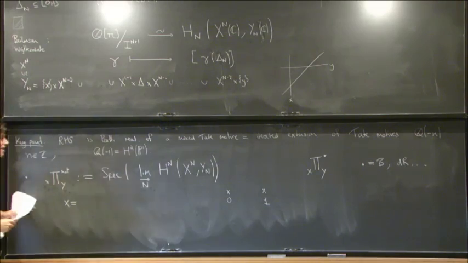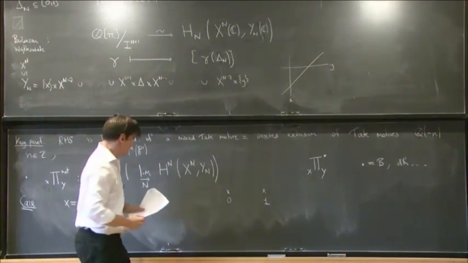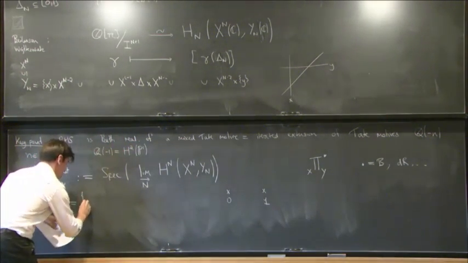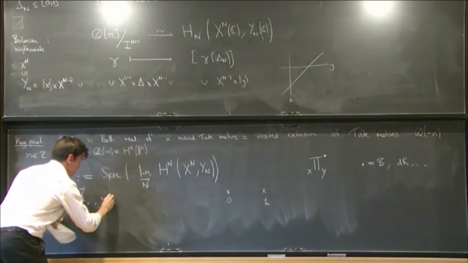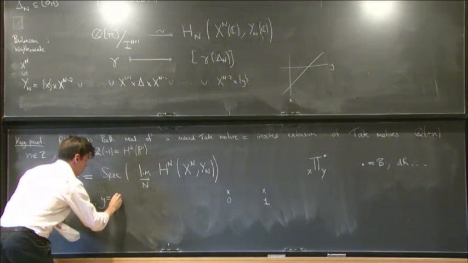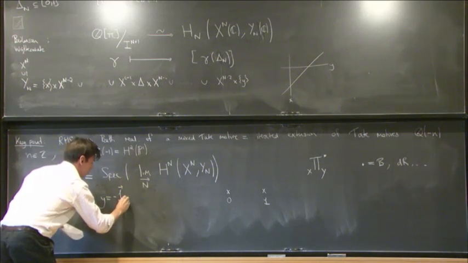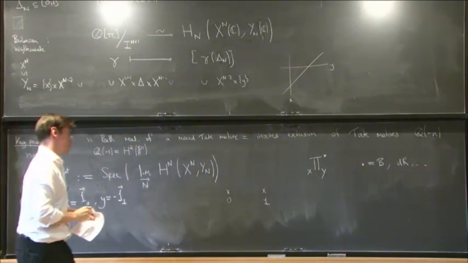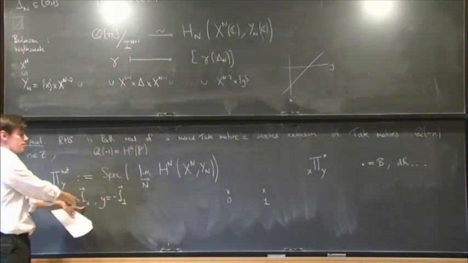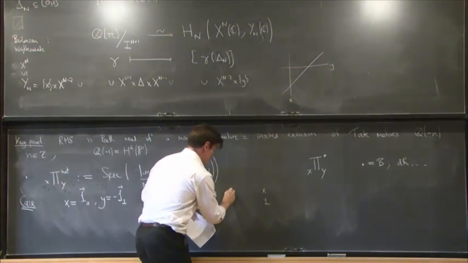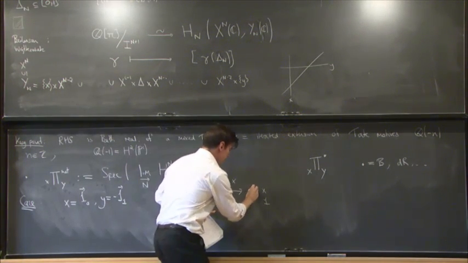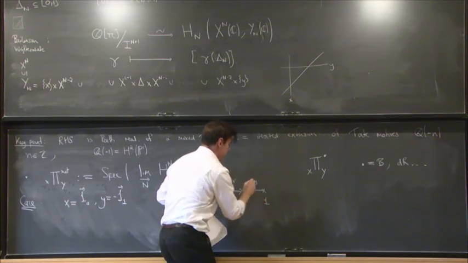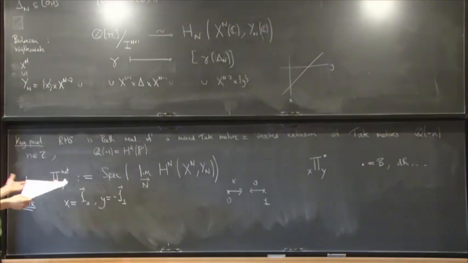So a construction due to Deligne is to take tangential base points, and you can take x to be the tangent vector at 1 and y to be the negative tangent vector at 1. Sorry, I said 1, I meant 0. So x is the unit tangent vector at the origin, and y is the negative unit tangent vector at 1.